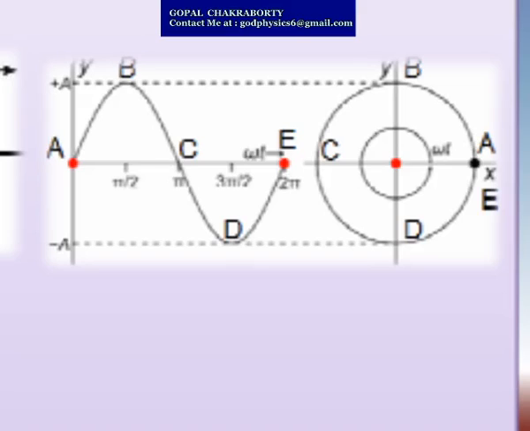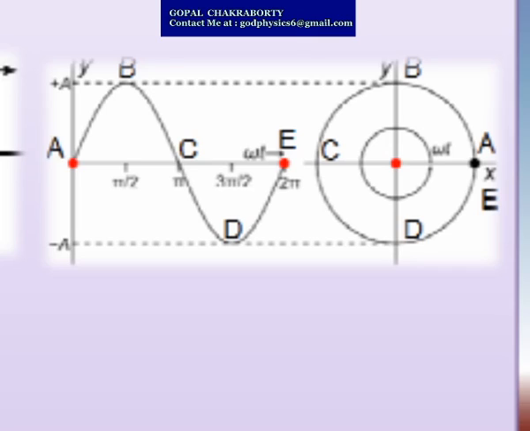When the particle is at rest, it is at point A before starting the motion. After starting, when it comes to point B, it has covered an angle or phase of 90 degrees, moving from A to B.